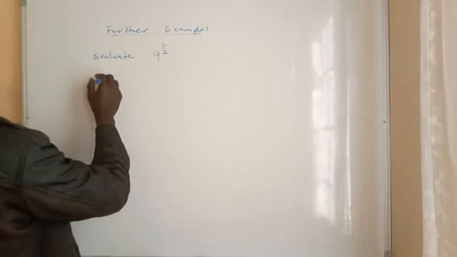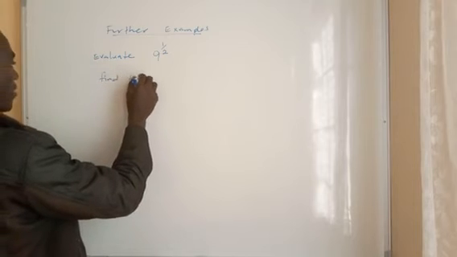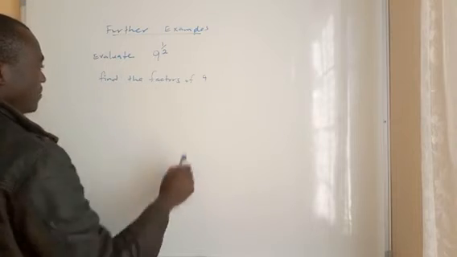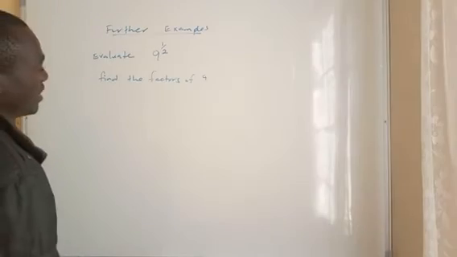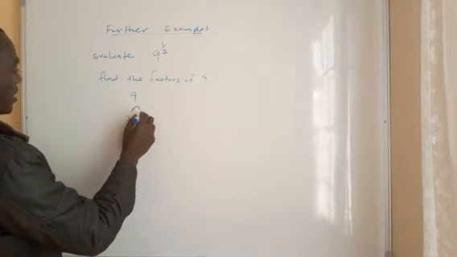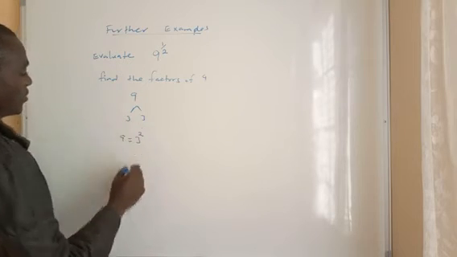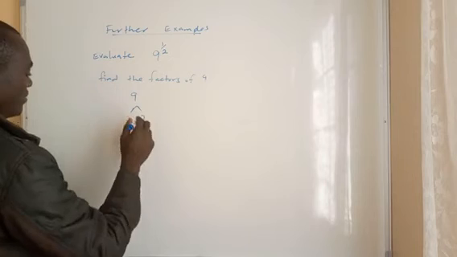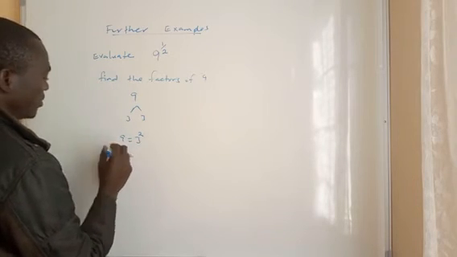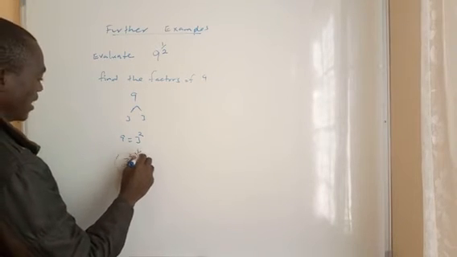The first thing to do is find the factors of 9. Use the factor method. The factors of 9 are 3 to power 2. So after finding that, your 9 is the same as 3 power 2, and it has been raised to power a half.